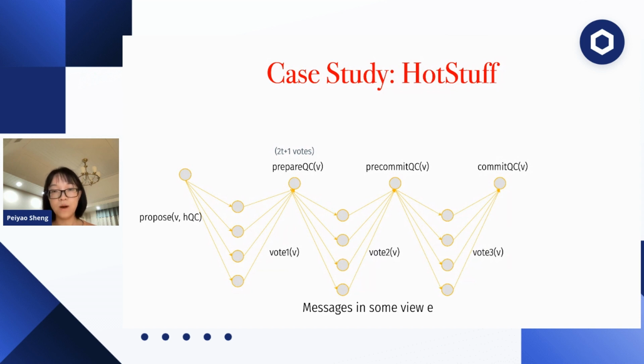If the protocol goes well and all 3 rounds finish, then nodes commit at the end of this view. Otherwise, they have to enter the next view on timeout and do the votings again. The safety of HotStuff is guaranteed by 2 propositions. The first, there's only 1 QC that can be formed in each round of voting.